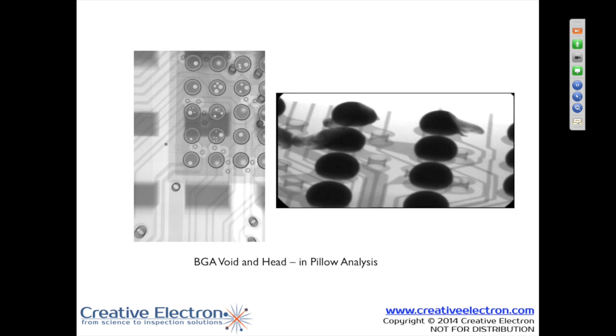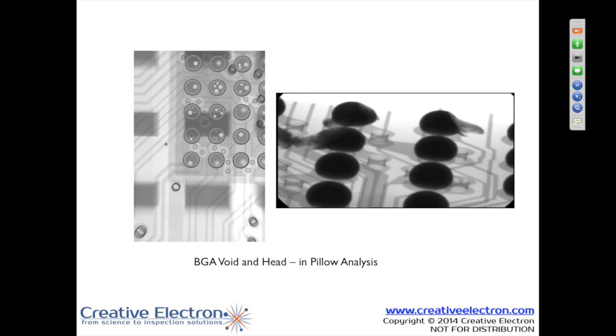With some experience and some algorithms in our software, it's very easy to do a BGA analysis and BGA inspection, and then we have enough experience to be able to tie those inspection results back to your process.